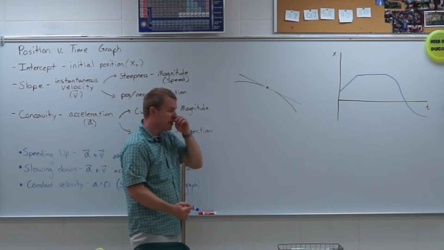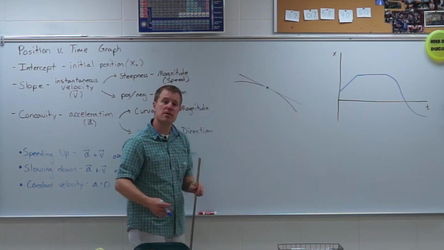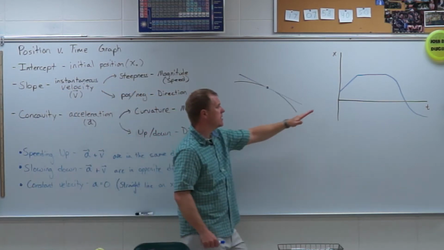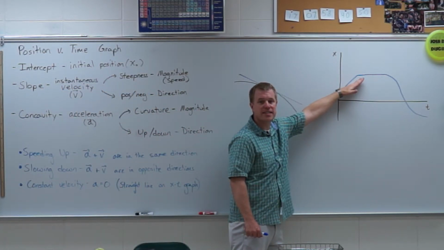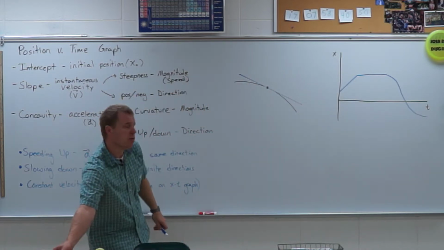And so that blue line I just drew here is the slope at that point. So that's what I mean by slope at any given point. It's pretty easy when it's a consistent slope, but when it's curving, this is what I mean by a slope at an individual point.